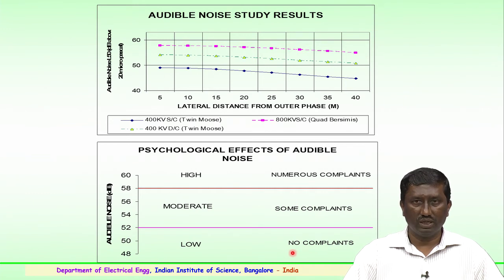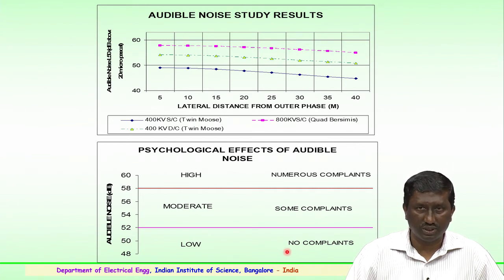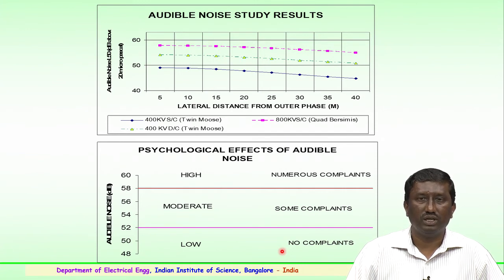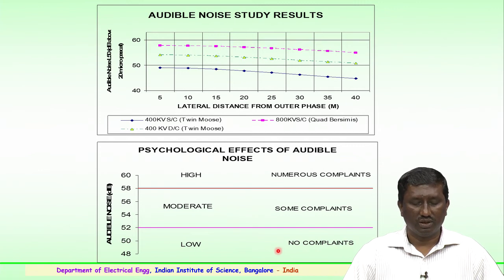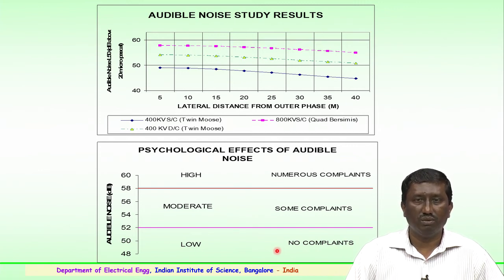In studies conducted near transmission lines where EHV and UHV conductors are used, noise levels below 60 dB or below 52 dB are preferred by the people working near the area.